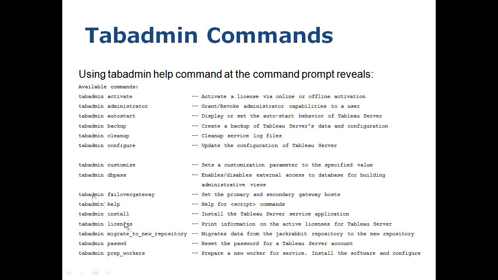Here a frequently used one is customize, which sets a customization parameter to the specified value. You just go over the list and you will find it. If you want to know a specific command's definition and what it does, you can say tabadmin space help, followed by the command name, and it will give you the help information about it.